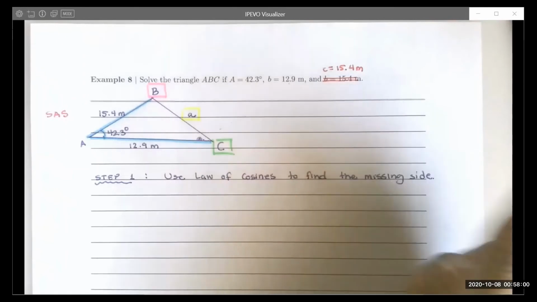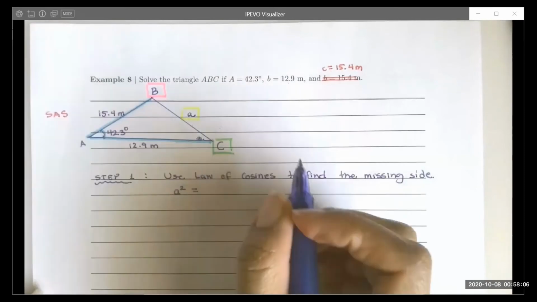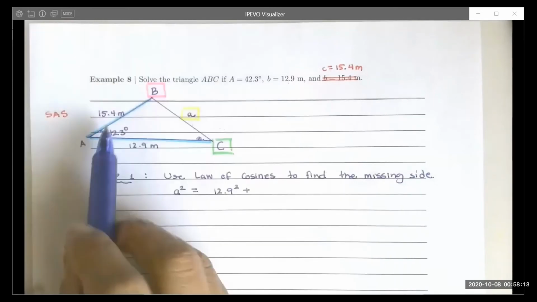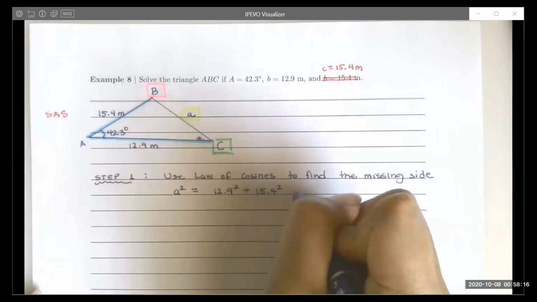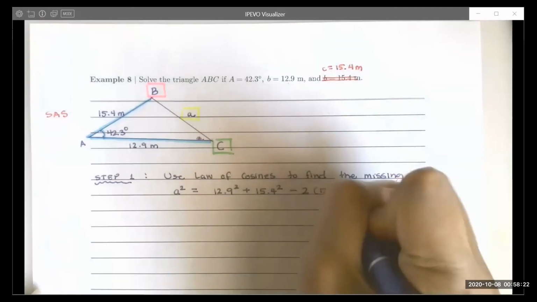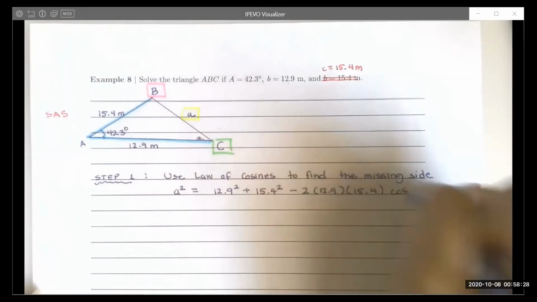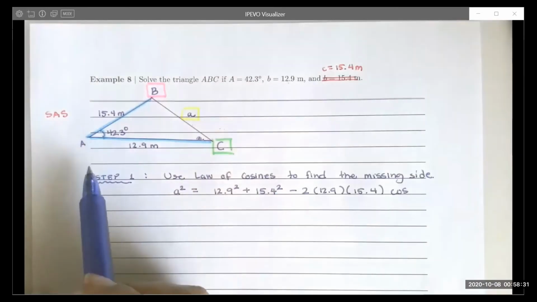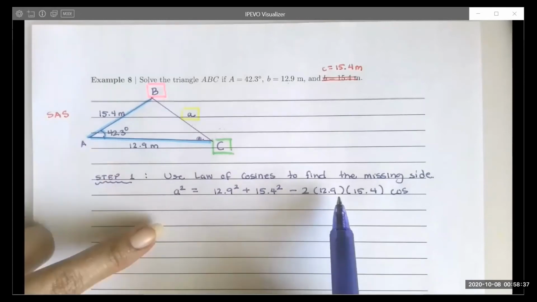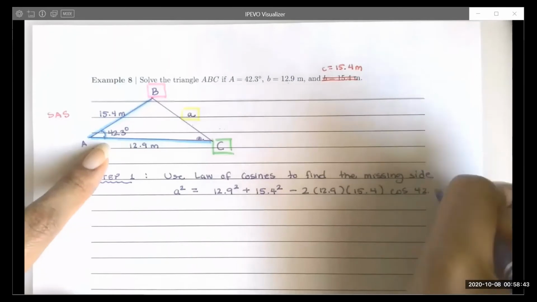In this case, the missing side is side A. So we write A squared is equal to B squared, which is 12.9, plus C squared, which is 15.4, minus 2BC, so minus 2 times 12.9 times 15.4 times cosine of angle A, which is 42.3 degrees.